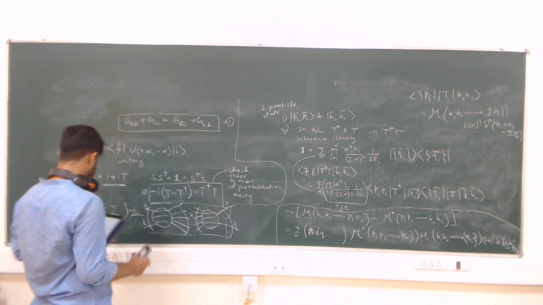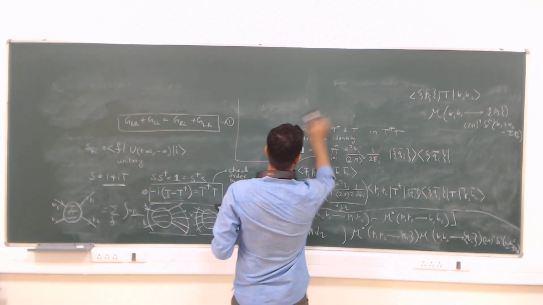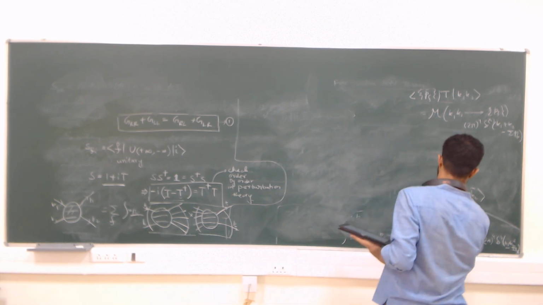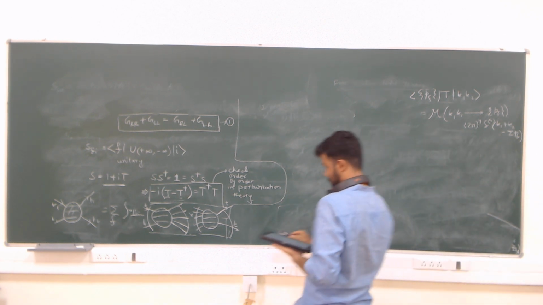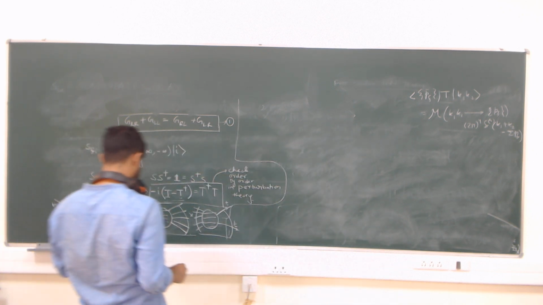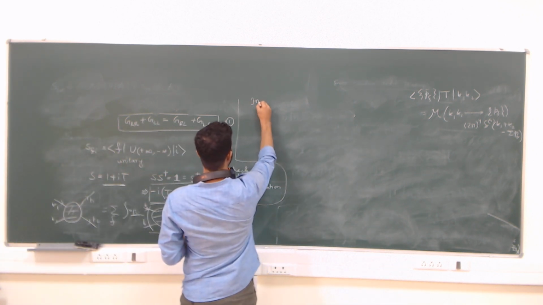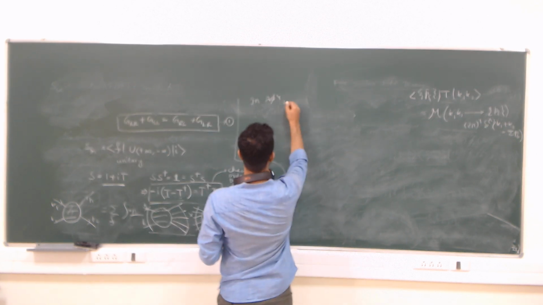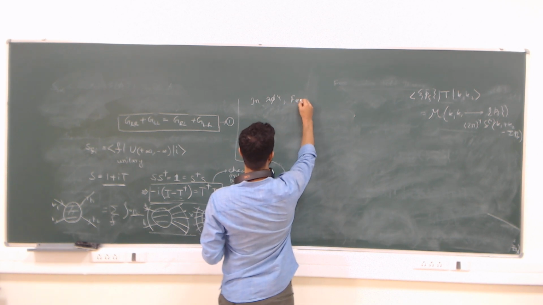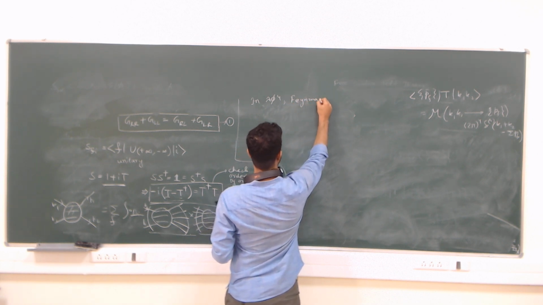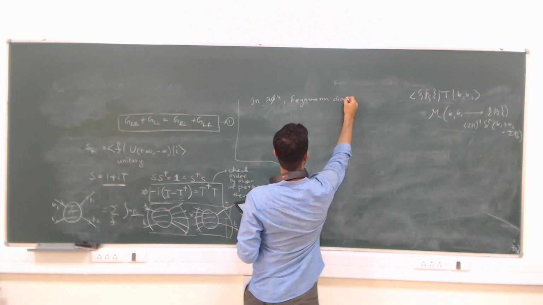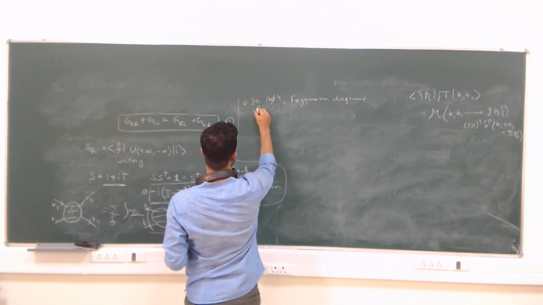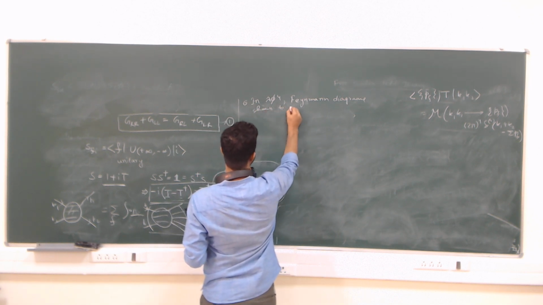Firstly, this is a bit of history. In lambda phi 4 theory, an interacting theory, the Feynman diagrams were shown to satisfy unitarity.